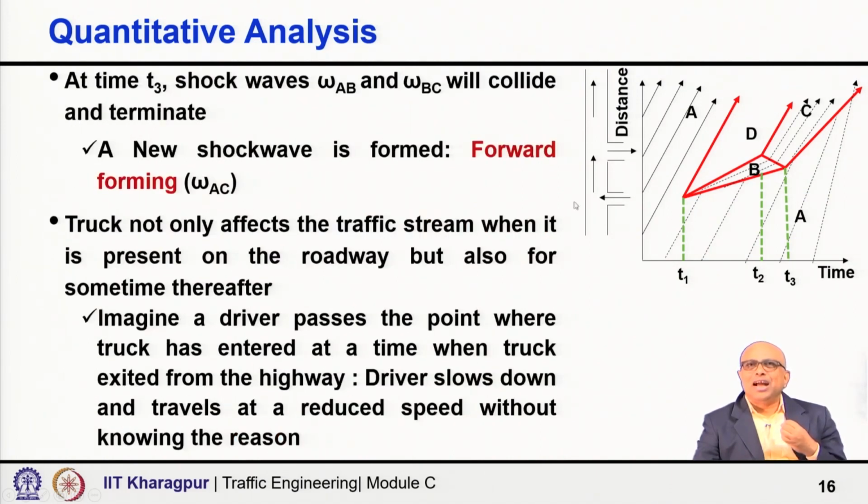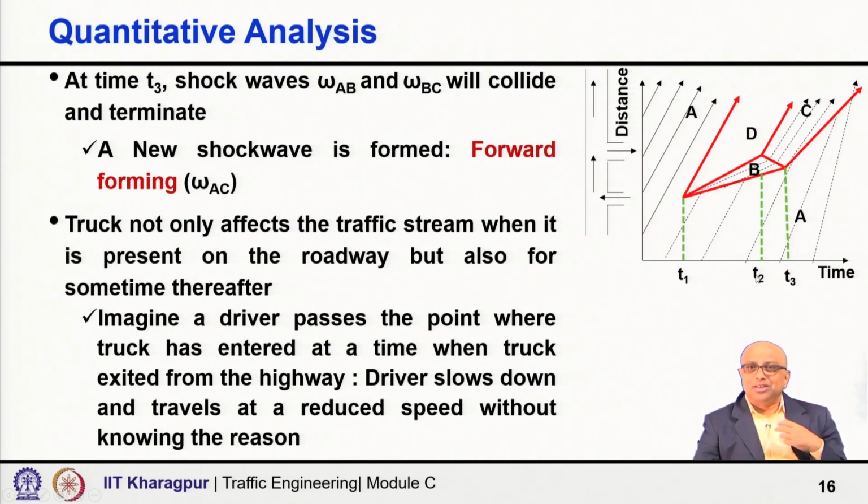Now, at time t3, these 2 shock waves, the shock wave between A and B and the shock wave between B and C, which are travelling with corresponding speeds omega AB and omega BC, will collide, and then the whole traffic state B will vanish at time t3.